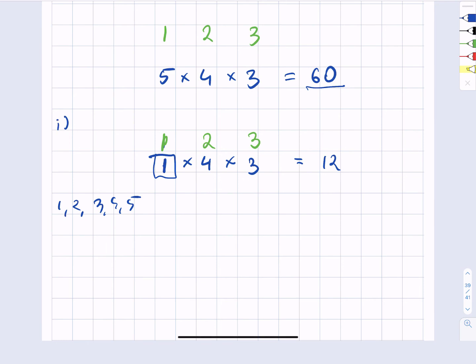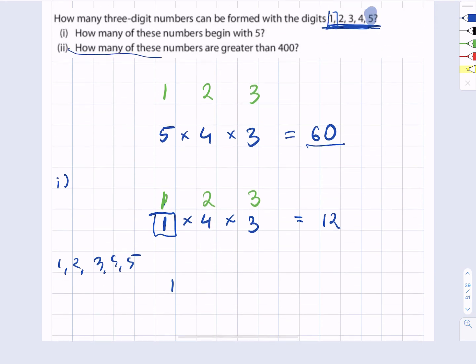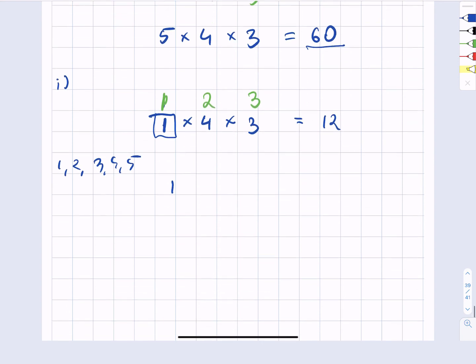So for the first digit, second digit, and the third digit, think about it carefully. How many of these digits, if I put them in the first place, are going to give me numbers that are greater than 400?